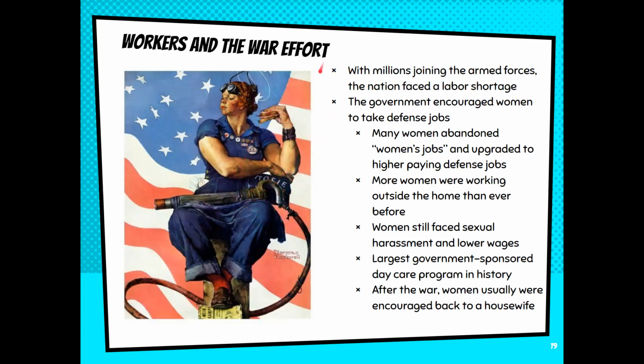That famous picture was actually not famous during World War II. It was actually only in, I believe, a couple factories in Oregon for only a couple months. And it only became a cultural icon later, in I believe the 1980s, through women's rights groups.